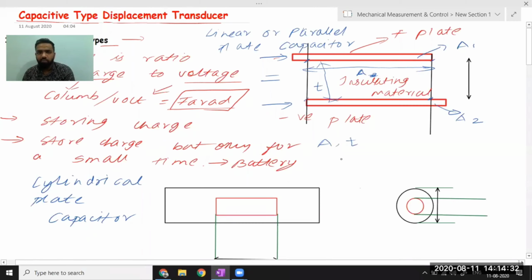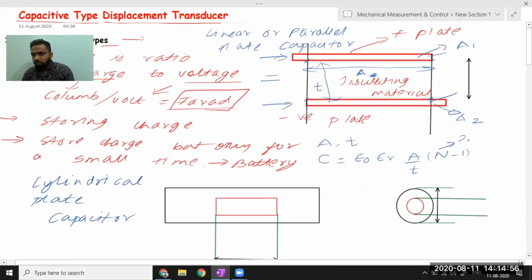Now I would like to define for you how do you find capacitance for a linear plate capacitor. So the formula that you can use is epsilon naught epsilon r A by T. You can even use n minus 1, where n is the number of plates. Now for this case, we know that the number of plates is only 2. We can use infinite number of plates, but here I am using only 2 plates.